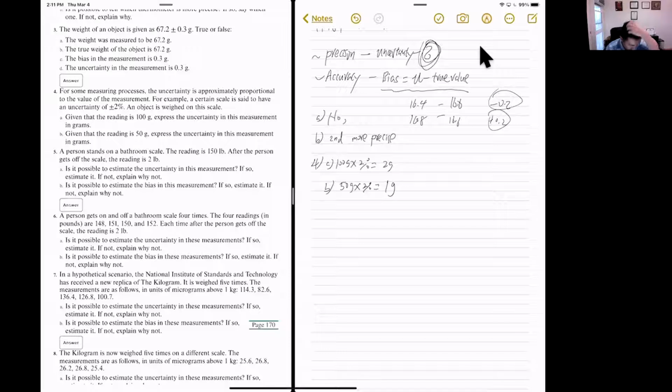The sigma of the whole population we don't know, but we can calculate the standard deviation S for the sample measurements. We have an equation for that, so we can calculate the sample standard deviation S using this equation.